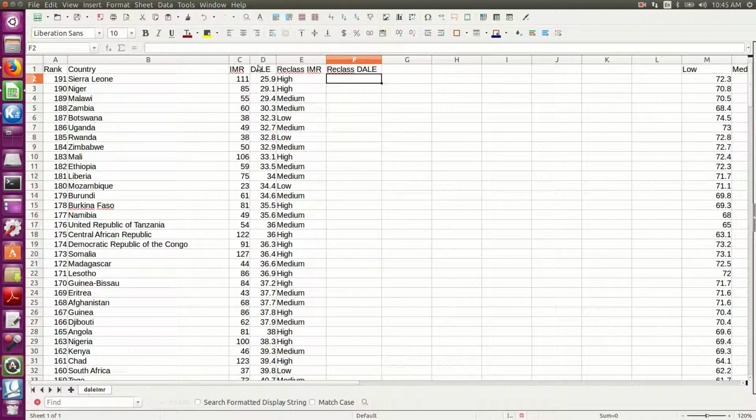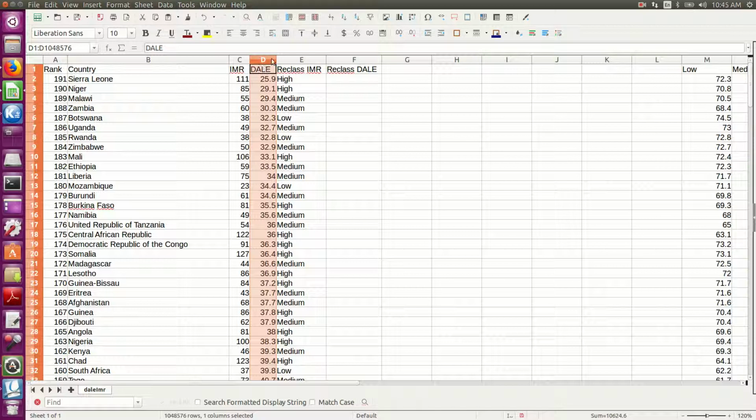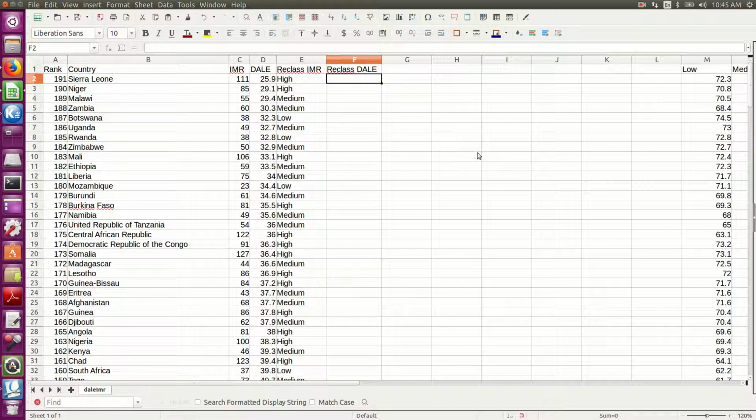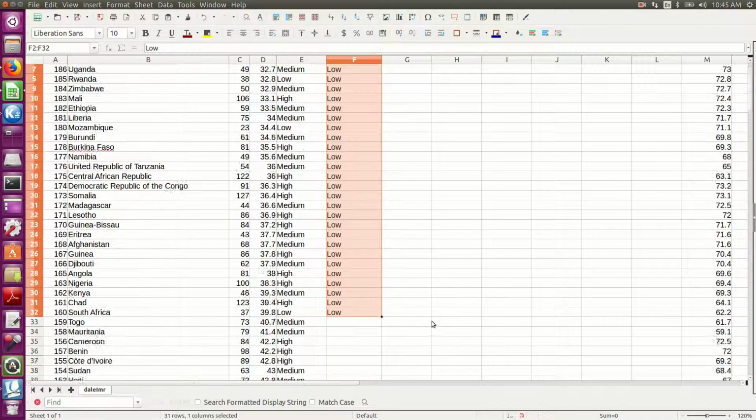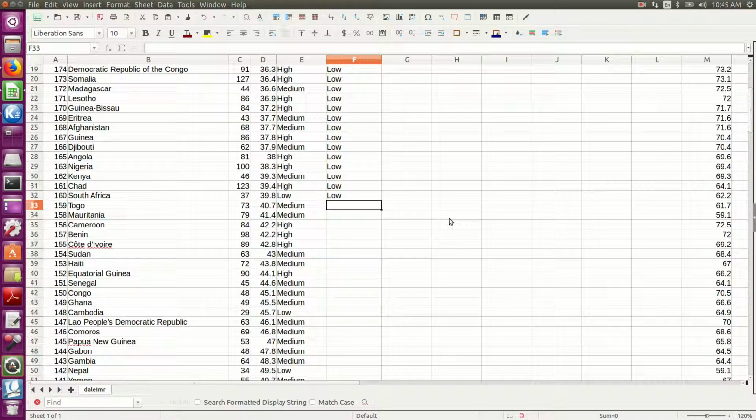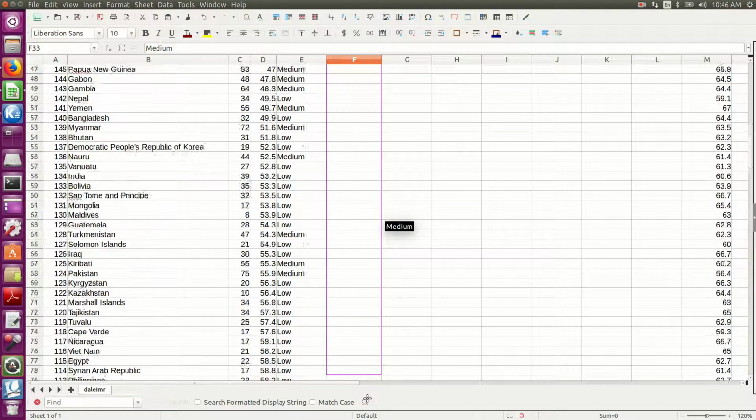Okay, and so I look here at DALE and I see, okay, these are starting out at low, and again they're going to be low until 40. So there's a 39.8, so those are all low. And then now I see a 40.7, so that's medium. And I pull down here, and this one was at 60.